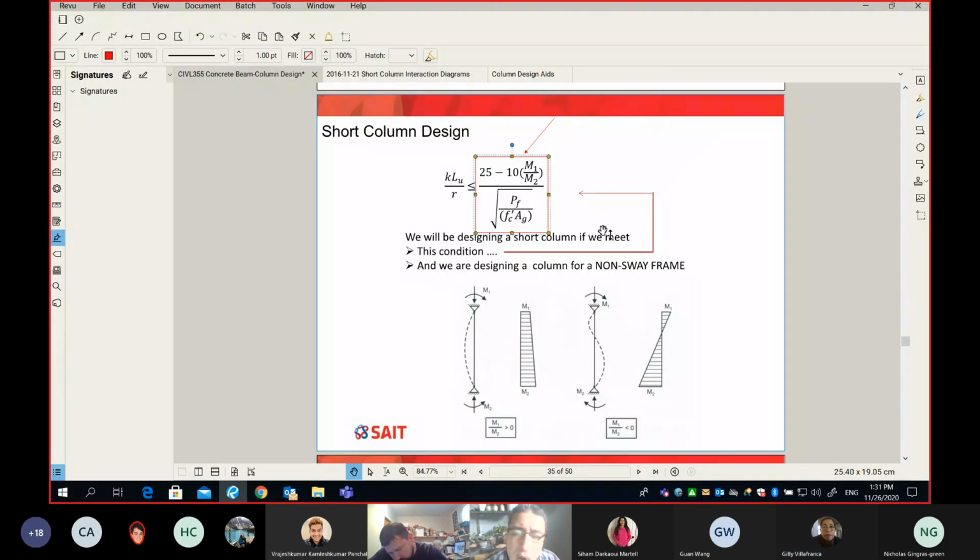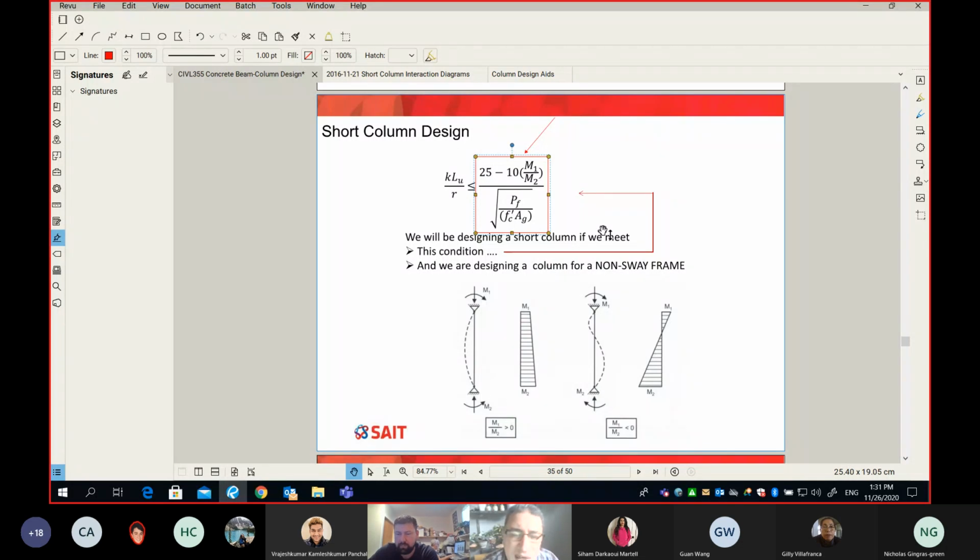So really, what you have to do here is estimate the maximum value of lambda, and then estimate the lambda for your column. If the lambda for the column that you're designing happens to be less than lambda maximum, we're okay. It means your column is a short column and we don't have to worry about buckling.